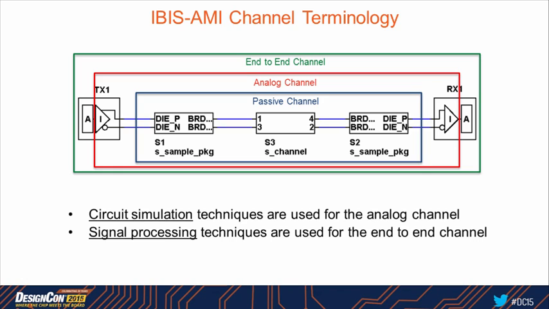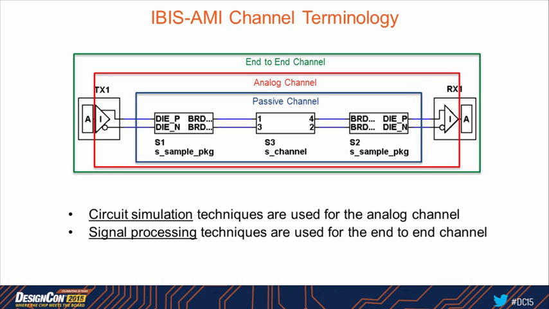Once we bring the transmitter's output and the receiver's termination network into it, we call that the analog channel, and that is the portion of this overall end-to-end link that we're assuming is linear and time invariant and will behave that way. And then finally, once we zoom out to the thing that we really care about, which is everything from the transmitter to the receiver, we call that the end-to-end channel.